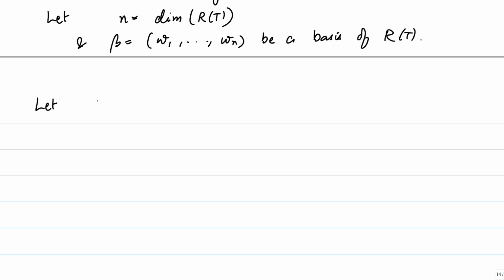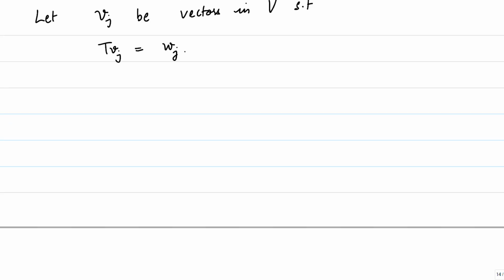So let vj be vectors in capital V such that T vj is equal to wj. Now let U be equal to the span of all these v1, v2 up to vn.